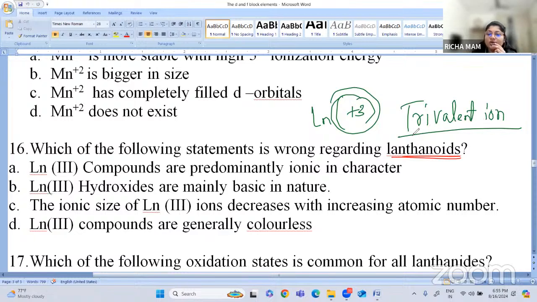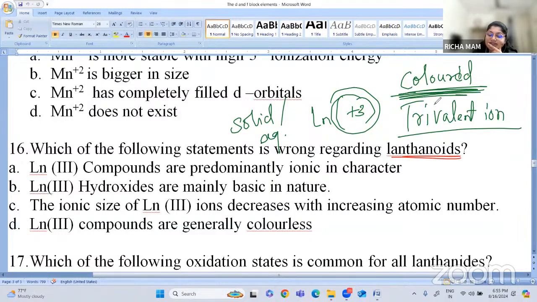And all these trivalent ions are colored. They are not colorless. They are colored both in the solid state as well as in the aqueous or solution state.